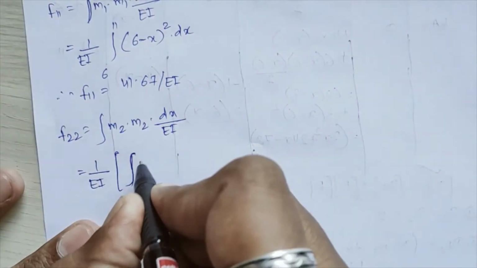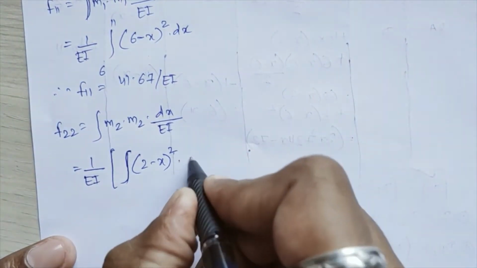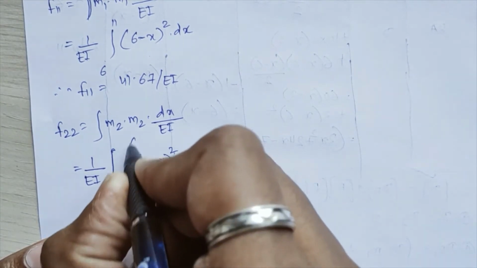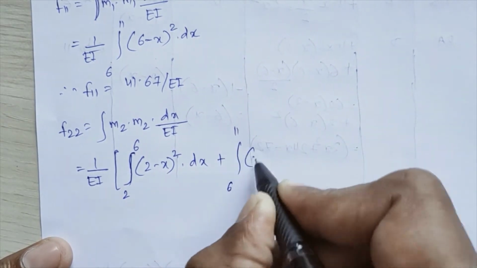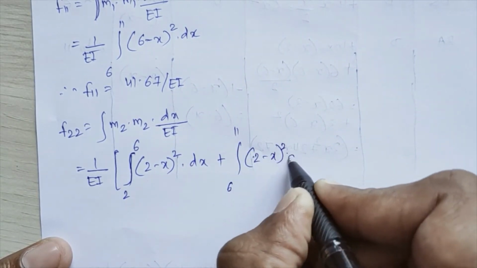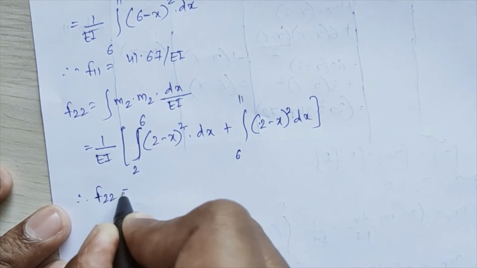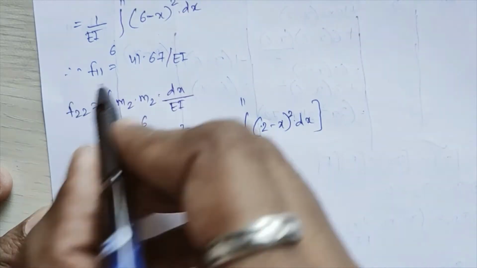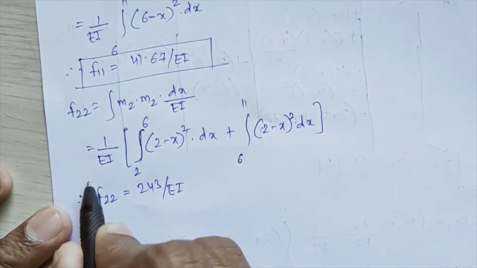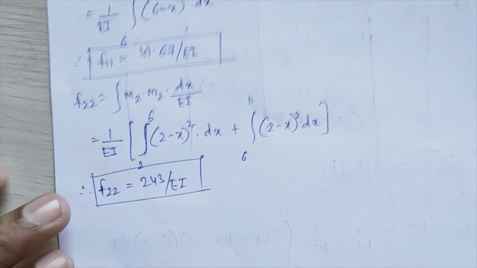So I'll get 2 minus x into 2 minus x, that will become 2 minus x square within limits 2 to 6, plus from 6 to 11 of 2 minus x square into dx again. So I have got f22 is equal to 243 upon EI. This is your f11 value, and this is your f22 value.